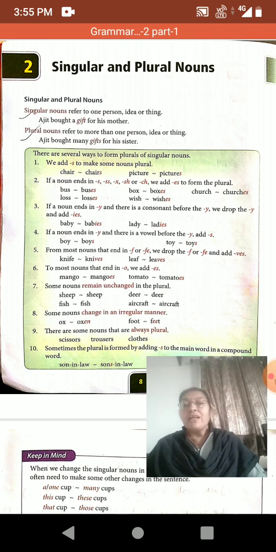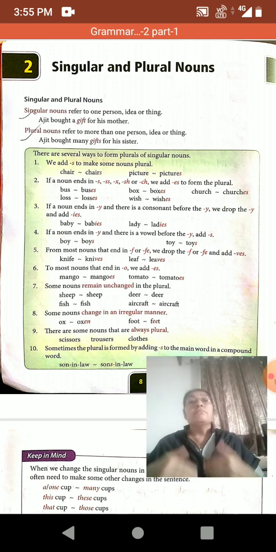There are several ways to form plural forms of singular nouns. One thing, keep it in your mind: singular means talk about one thing and plural means talk about many, more than one. Understand बच्चे?